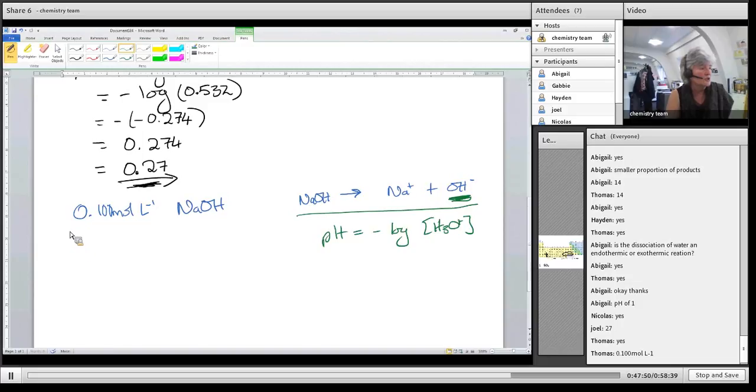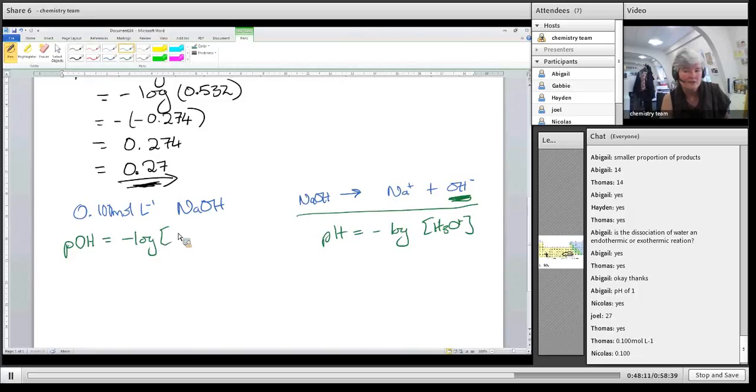So in other words, what you're going to do here now is not work out the pH, you're going to work out the pOH. So the pOH would be the negative log of, what do you think? What concentration of ion would I put in there? Anybody want to have a guess?